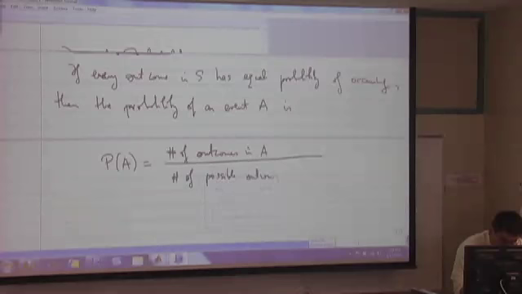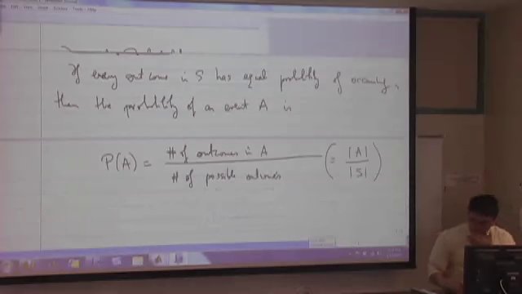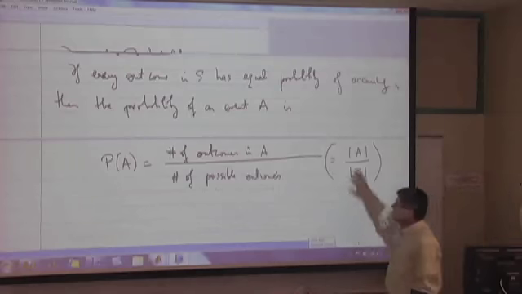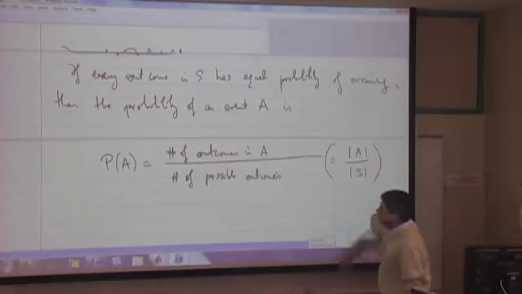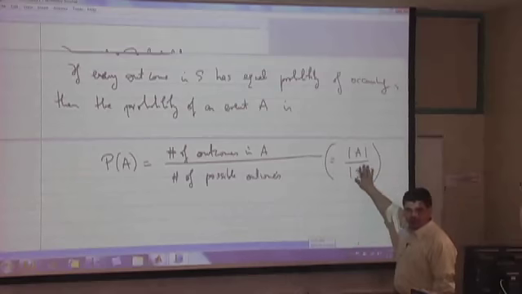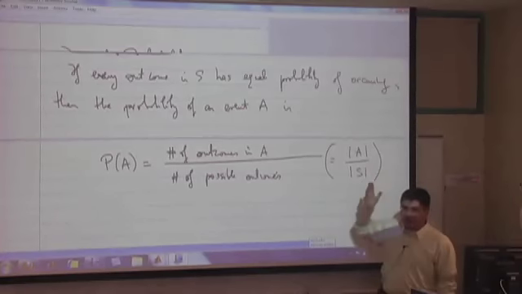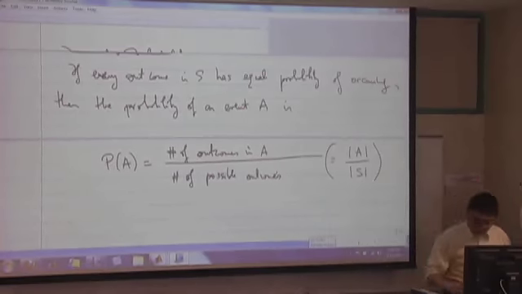So if it is a finite set, it would simply be the ratio of the size of the subset A divided by the size of the whole set. But again, if the set is infinite, then you don't have that, right?